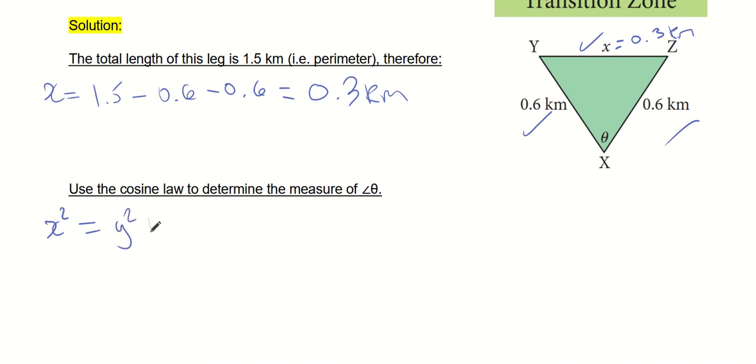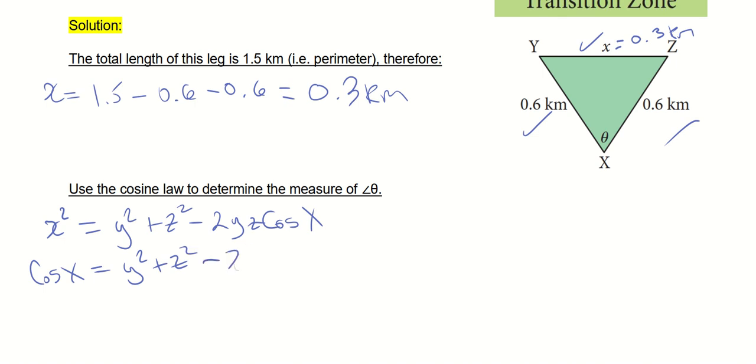So small x squared equals small y squared plus small z squared minus 2yz cos of capital X. If you rearrange the equation, because we're looking for capital X, you get cos X equals (y squared plus z squared minus x squared) over 2yz. I'm putting this in brackets so it's easier to see.